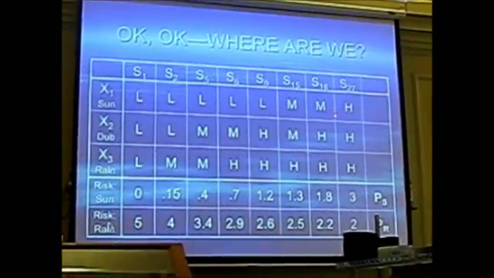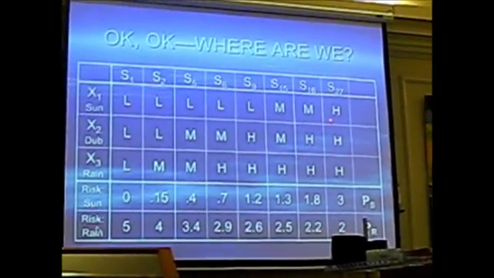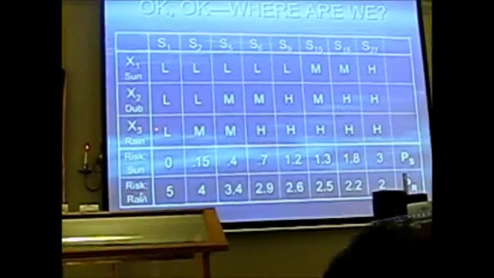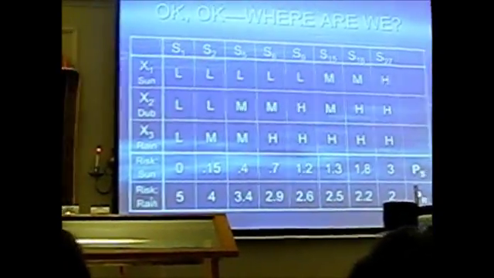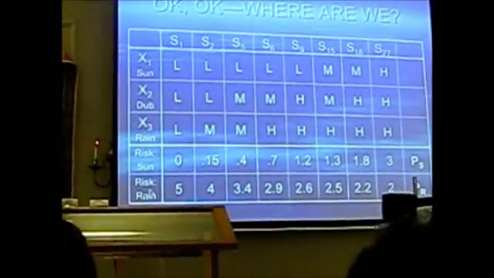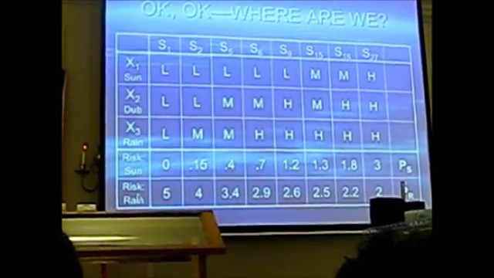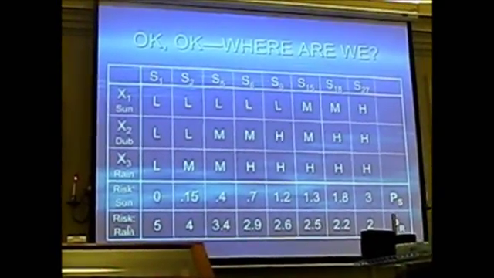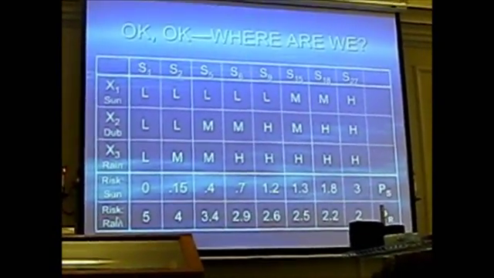What if every day is sunny? I live in, I don't know, Florida or someplace. Every day is sunny. Strategy S1 has a loss of 0. So that would be better. So which of these strategies is best depends on what's the frequency of sunny days and the frequency of rainy days.